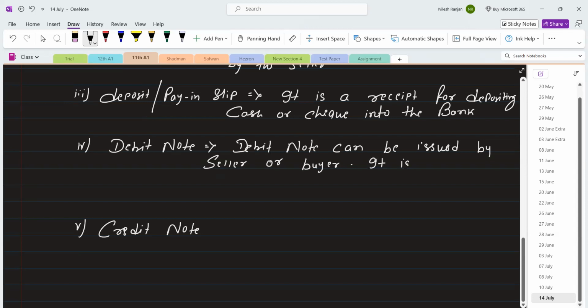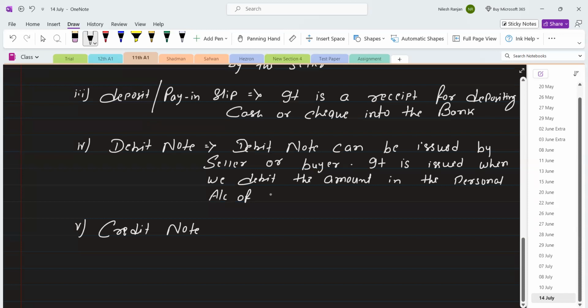It is issued when we debit the amount in the personal account of seller or buyer.